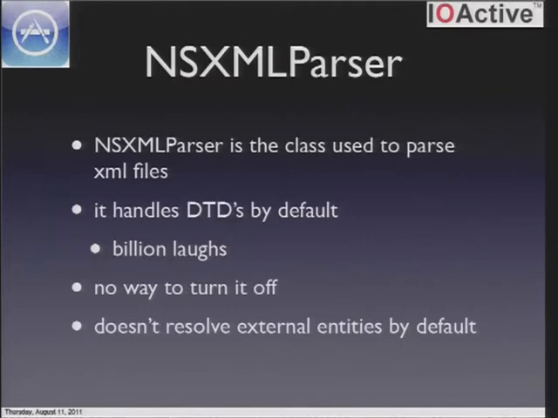Next up is iOS's XML parser. They have this thing called NSXMLParser, which is obviously used to handle XML data. It handles DTDs by default, so it's vulnerable to billion laughs attacks. You can't turn this off. The one thing you do have is that it doesn't resolve external entities, but it will totally parse entities.